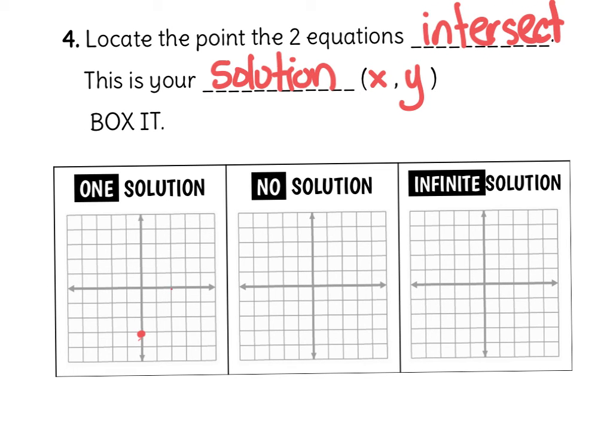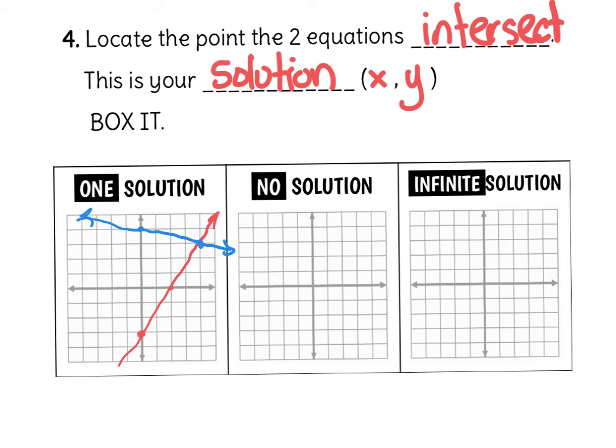And then maybe it rises 3 and runs 2, so we have a line something like that. So there's our first line, okay? And then let's say we have a second line that looks something like this. So this is what we're talking about.